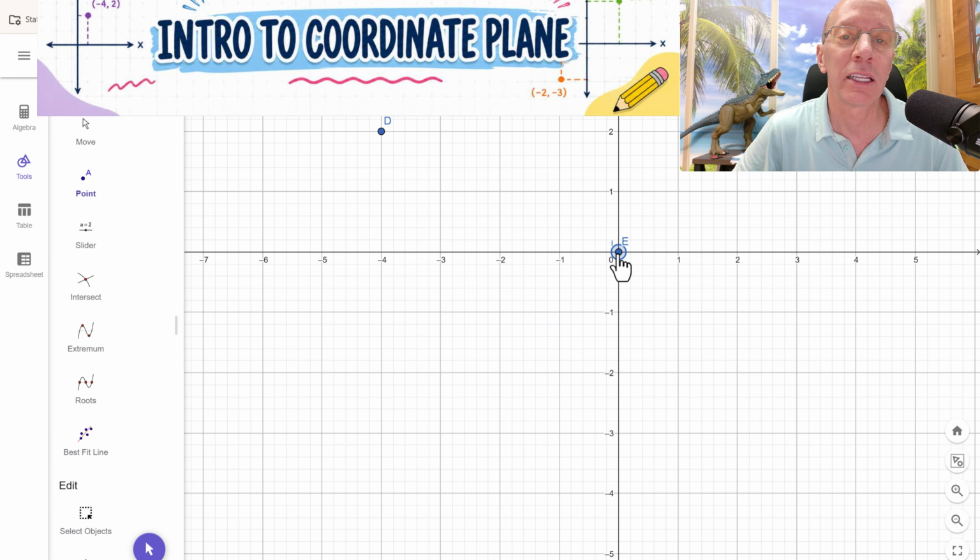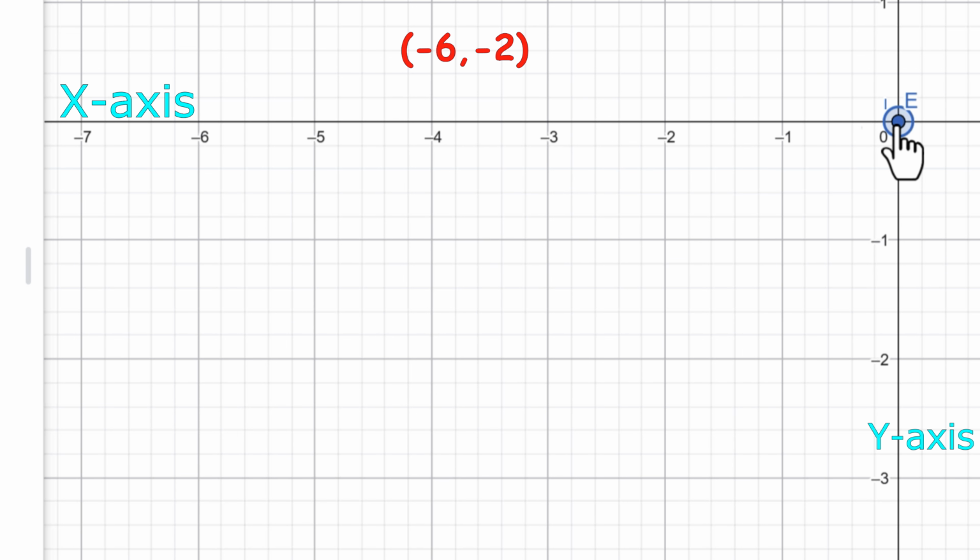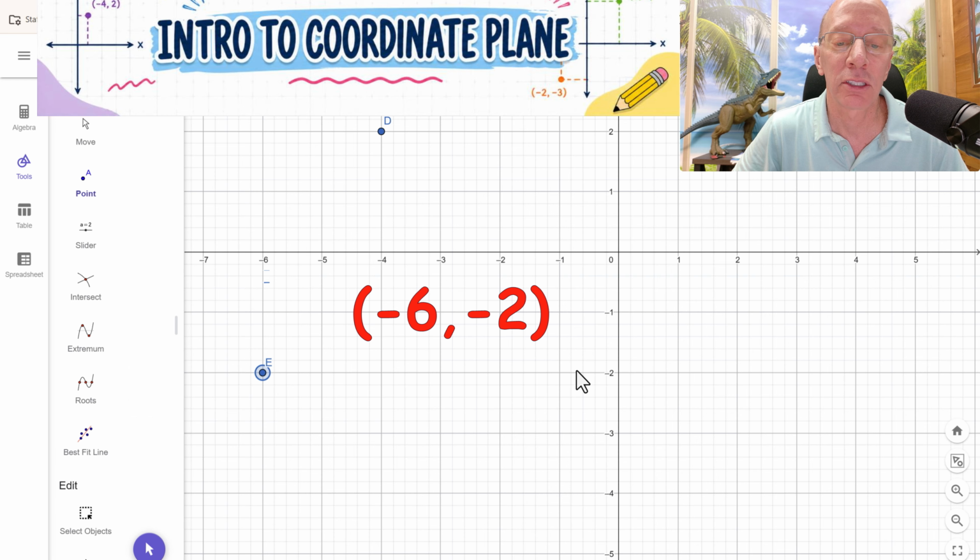We're always starting on the x-axis, and I'm going to move over 6. 1, 2, 3, 4, 5, 6. And now I'm going to do negative 2, which is on the y-axis, and I have to go down. Negative 1, negative 2. All right, so you can see right here, here's the negative 2. So this point is plotted at negative 6, negative 2. Those are my ordered pairs or my coordinates.